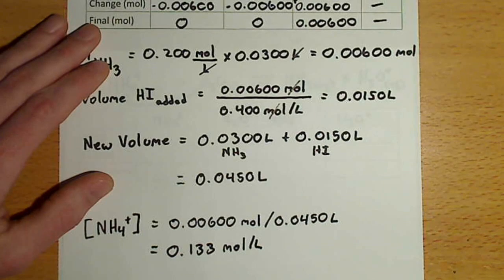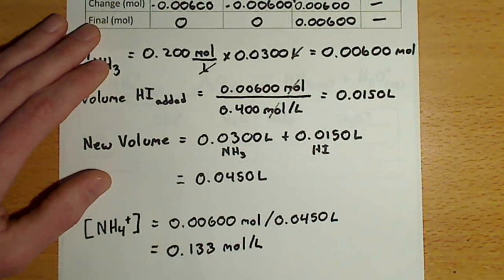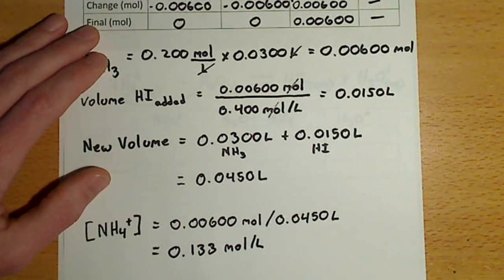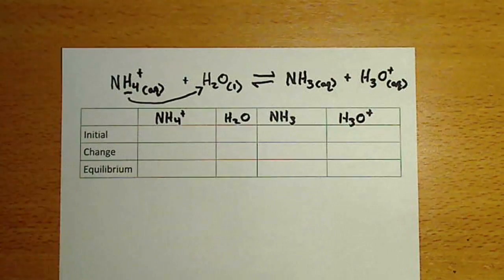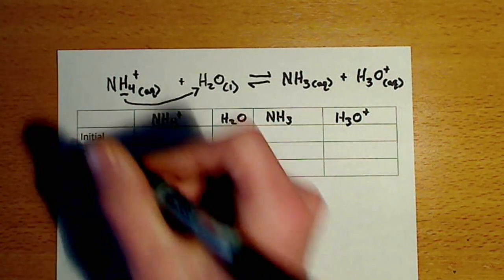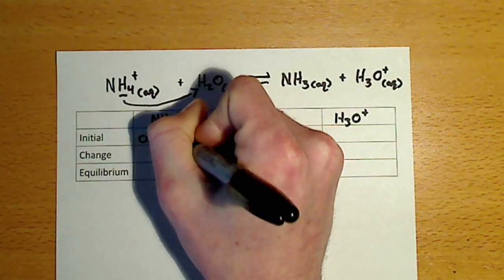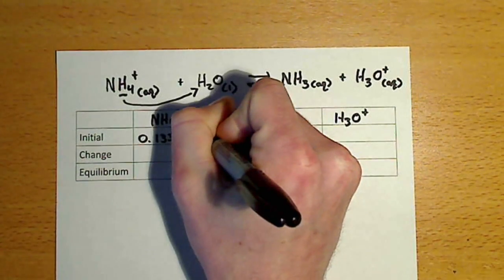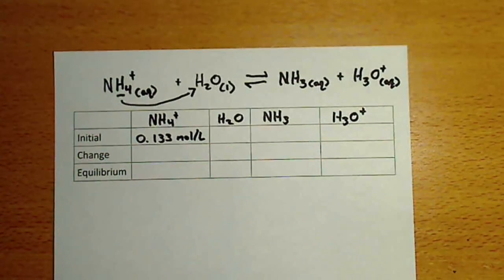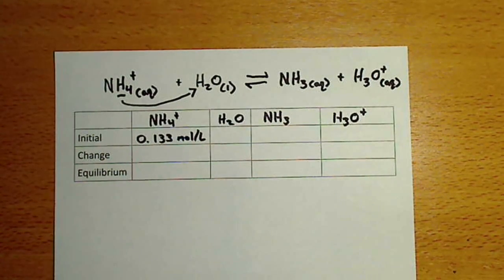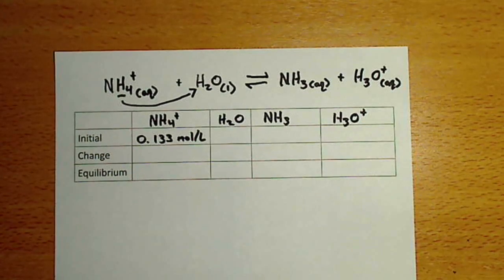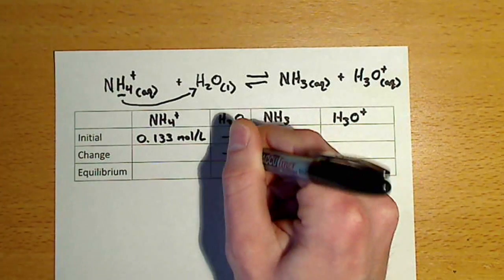We had a concentration of 0.133 mole per liter. So let's add that as our initial concentration to our ICE table. In any of these examples, water is in excess, so we do not need to consider it in our ICE table. So let's just cross that out.